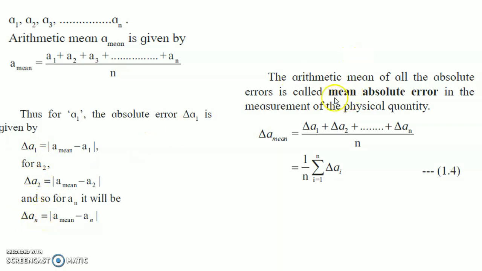Now we have to find the mean of these absolute errors. It is given by delta A mean, which is equal to delta A1 plus delta A2 plus up to delta AN divided by the total number of readings, that is N. So A mean is the most probable reading out of all of these, and delta A mean is the error that is caused while measuring A mean.